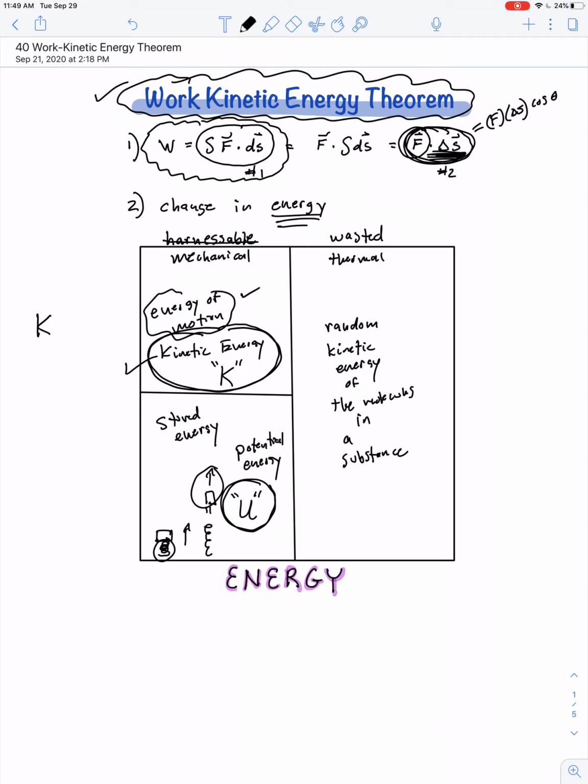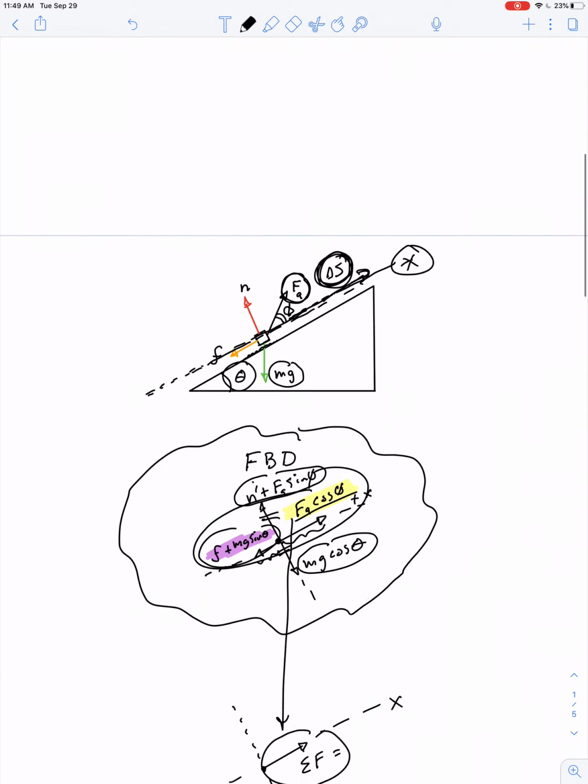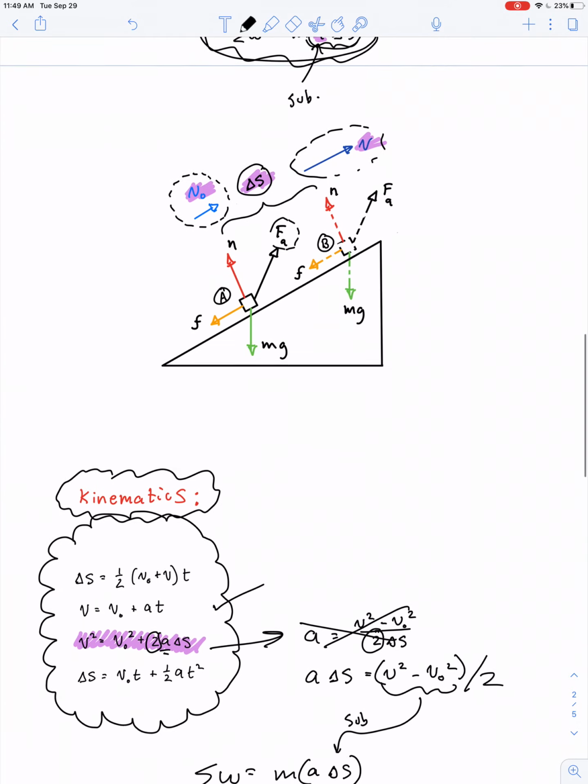So kinetic energy should definitely be a function of speed. Kinetic energy is also a function of mass. Very light objects in motion don't carry as much ability to do work as more massive objects moving at the same rate.